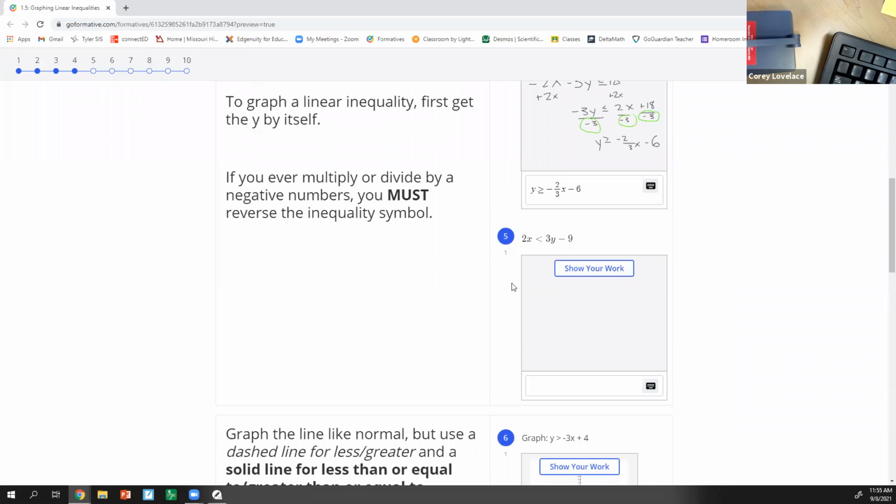Next one, kind of the same work again. We got 2x is less than 3y minus 9. So what I'd probably do on this one is, since the y is over here, I might go ahead and add the 9 over. So now I've got 2x plus 9 is less than 3y.